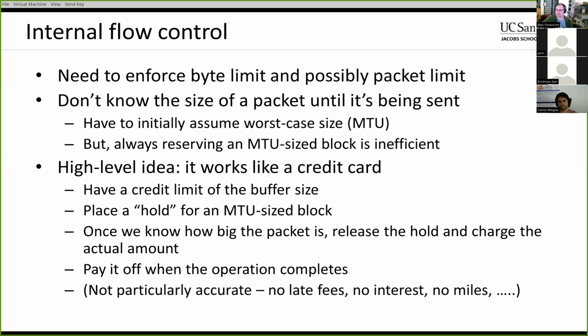And then when the operation completes, you can pay off the amount. And this whole time you have to make sure you don't go over the credit limit. Unfortunately, it's relatively straightforward, but it's not particularly accurate, right? There's no late fees, no interest, no miles, no rewards, but it does get the point across.